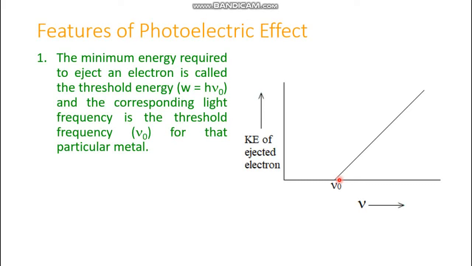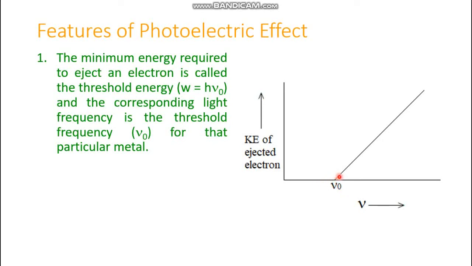When this kinetic energy is plotted graphically against nu, then after nu 0 you will get a straight line with a positive slope. That means the excess energy, the excess kinetic energy, gives you this type of graphical plot. For a particular metal this value is particular, and different metals have their own particular values.